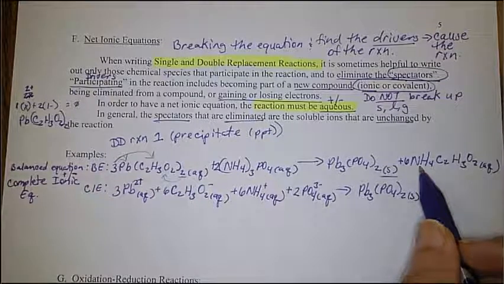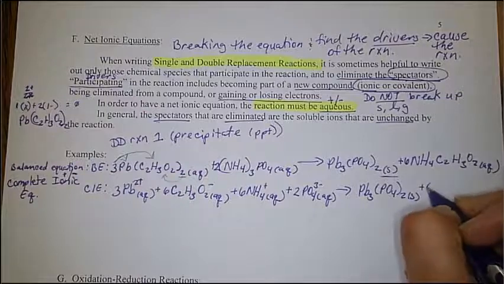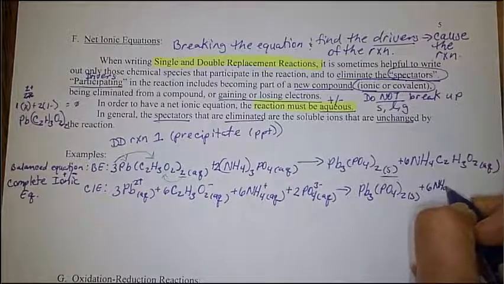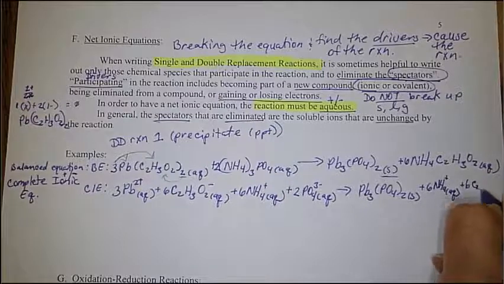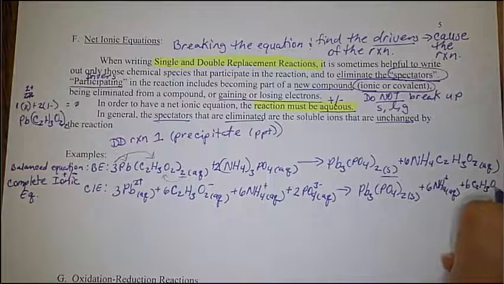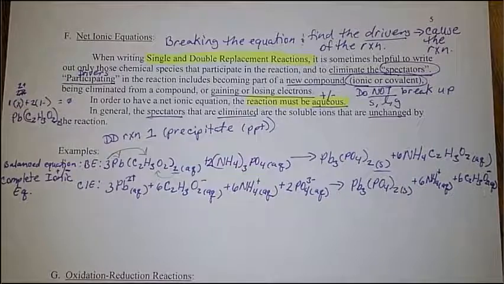This 6 will apply not only to the ammonium, but this 6 will also apply to the acetate. So now we have 6 ammonium, which is aqueous, plus 6 acetate, which is also aqueous. And remember, acetate has a -1 charge. So this is the equation we have.